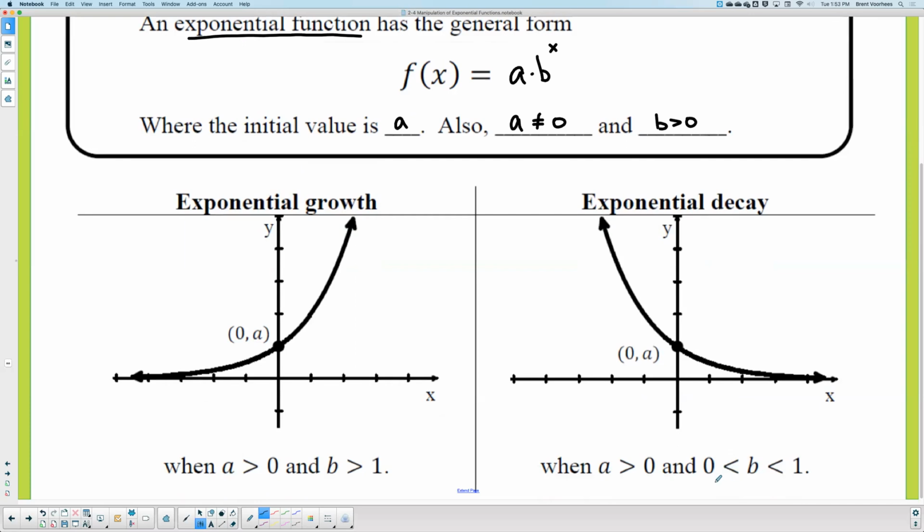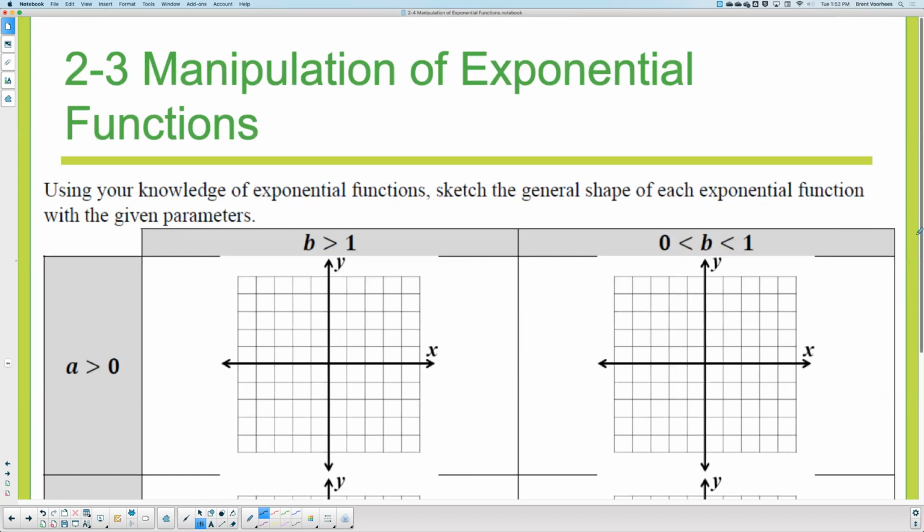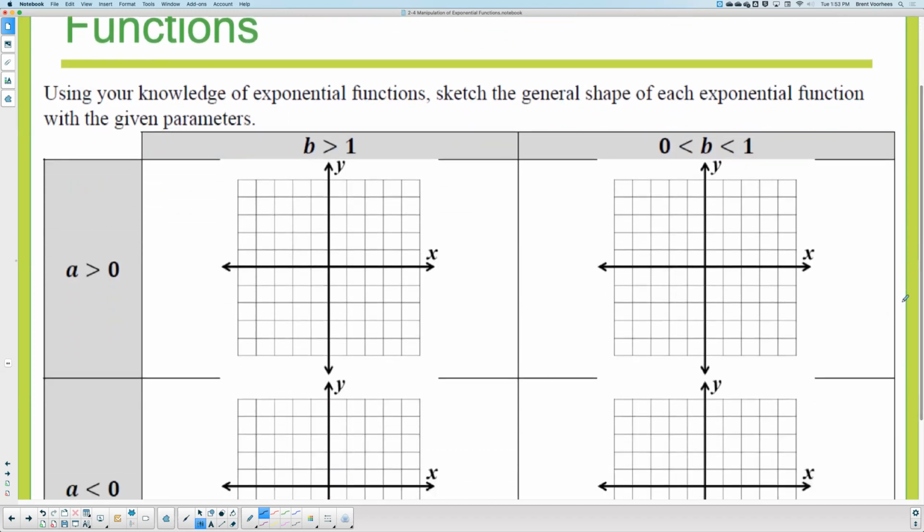So to show you all 4 possibilities, on the next slide, we're going to fill in a little table. So what we're going to do is label each one here. If you have an exponential function where a is greater than 0 and b is greater than 1, what you would have is exponential growth. What I want you to do here is we're going to draw and add some points.